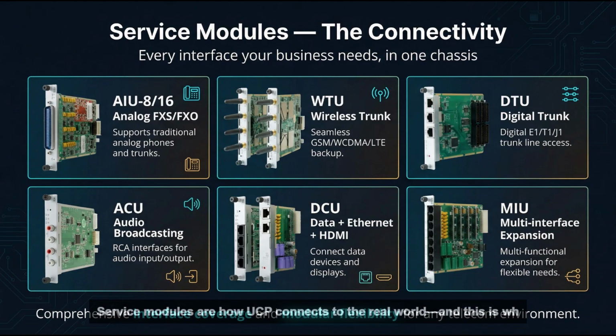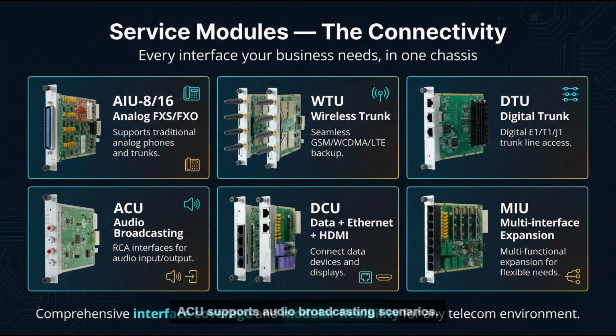Service modules are how UCP connects to the real world, and this is where it becomes practical in mixed environments. For legacy phones and PSTN access, AIU8 or AIU16 provides analog FXS and FXO. For carrier digital trunks, DTU supports E1, T1, and J1. WTU adds GSM, WCDMA, or LTE for wireless trunking and backup.